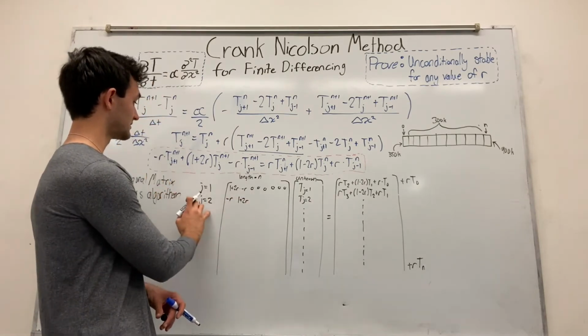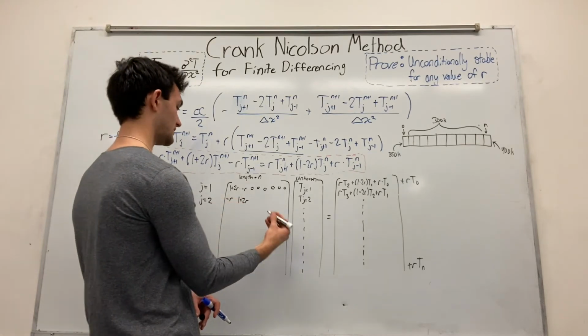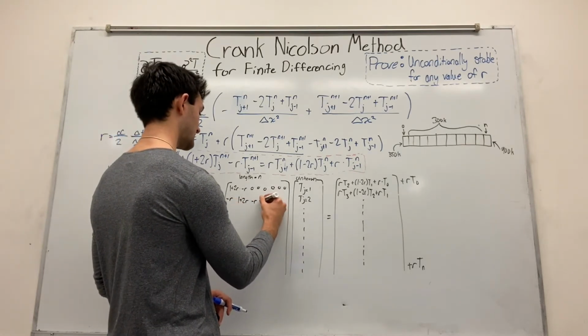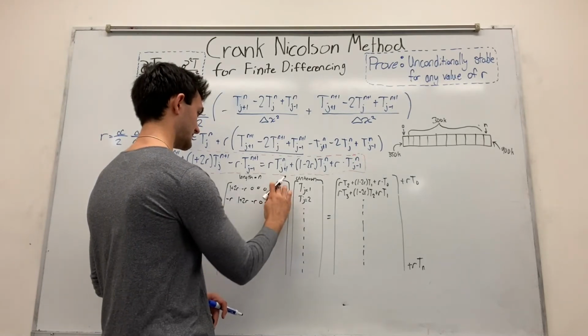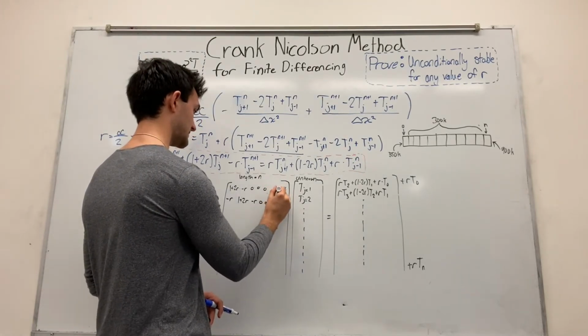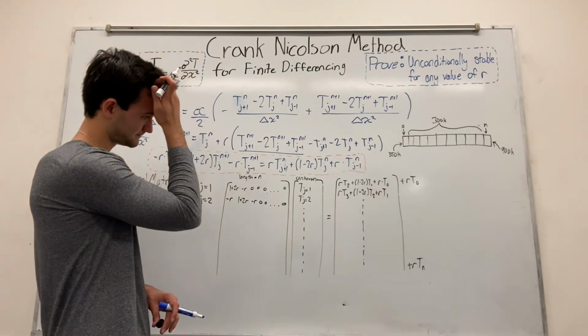The third term is going to be J is equal to 2 plus 1, so it's again going to be negative R. And then dot dot dot. That's going to be 0 all the way down.